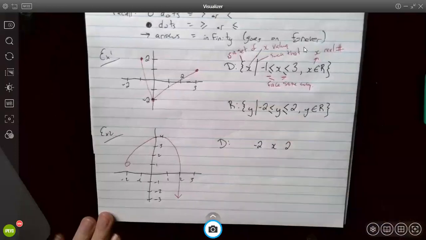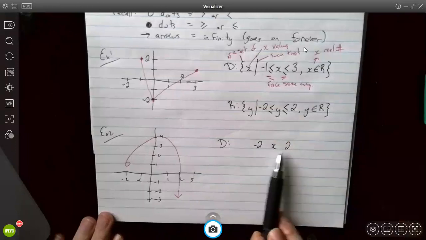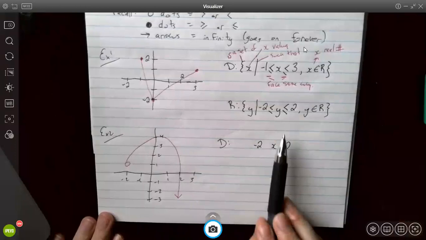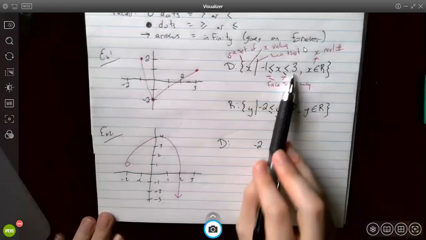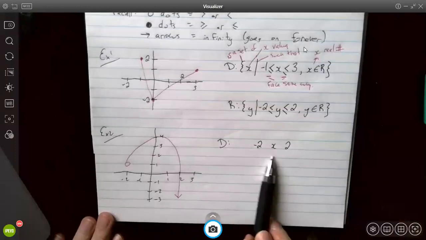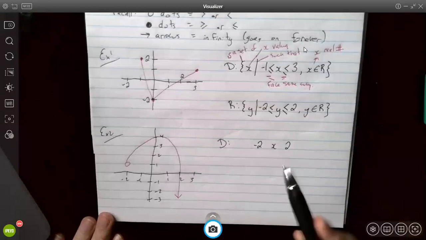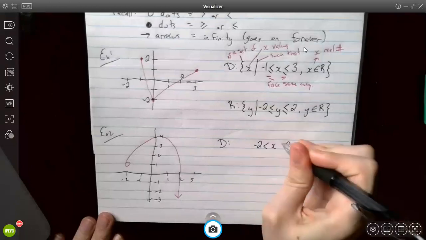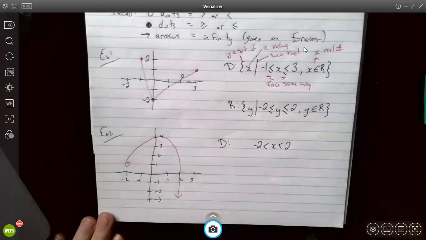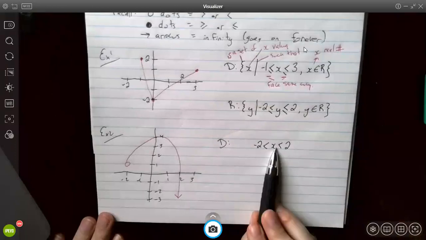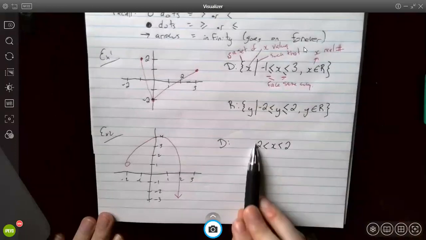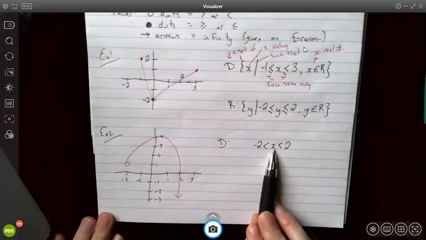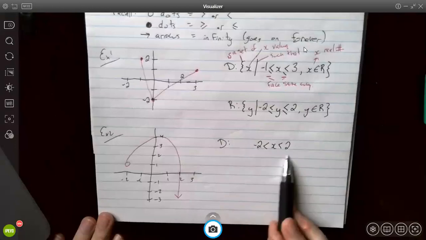Now, as long as you have x between two different numbers like this, like we've been doing all along, and we write the smaller number first and then the bigger number, my arrows are always going to point in the same direction because x is going to be bigger than the lowest value and x is going to be less than the greatest value.